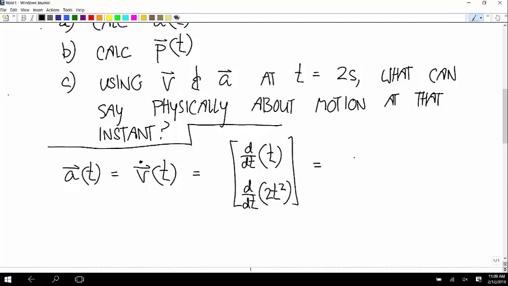And so you get (1, 4t) for the acceleration vector, which you could also write as 1 in the direction of the x-axis and 4t in the direction of the y-axis. Any questions about the mechanics of doing that? So that's part A.